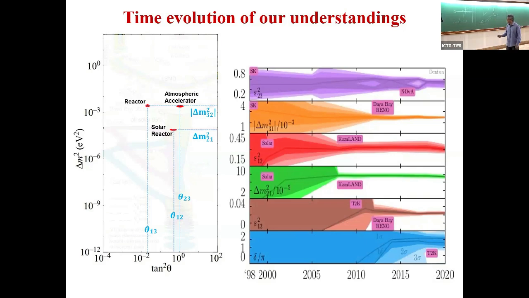And if you go year by year, how we know these parameters, this is the uncertainty. As time goes on, this uncertainty is reducing. Particularly KamLAND gives you sin θ12 or the delta M squared measurement much more precisely. Similarly, in 2012, all these detectors pinned down the value of sin θ13, and then T2K also measured a little bit of the phase.